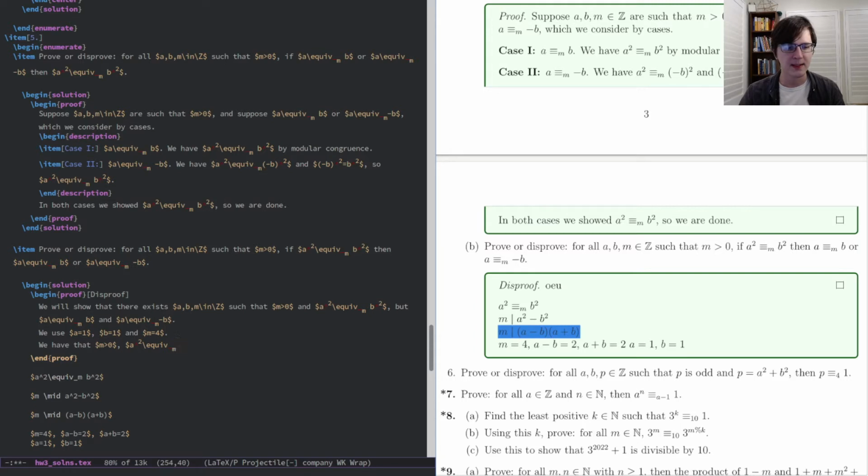Wait, what am I doing? Why is this going to be a counterexample? Oh, right. This is supposed to be not equivalent.